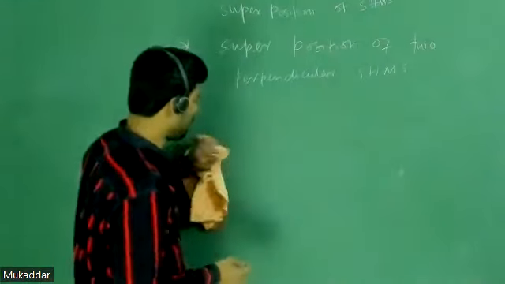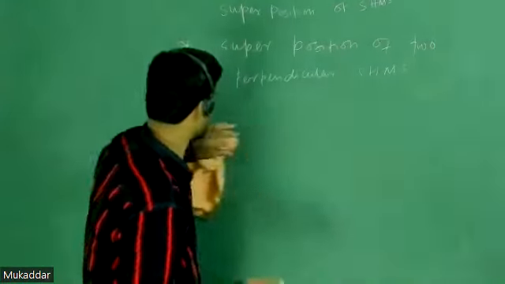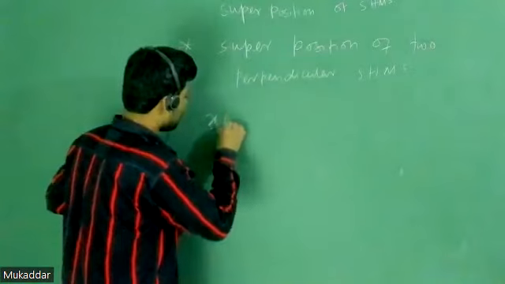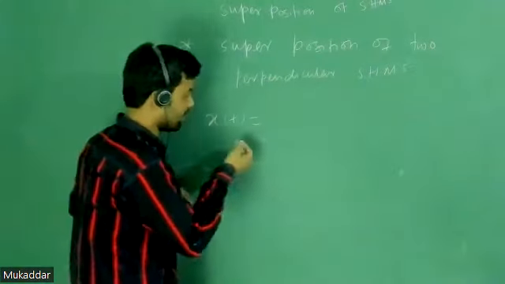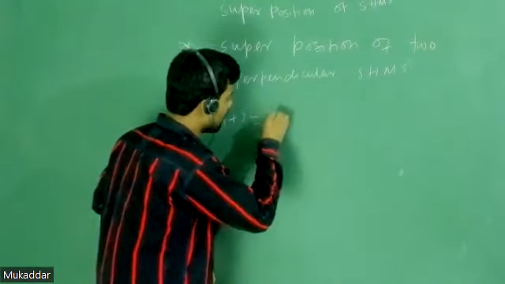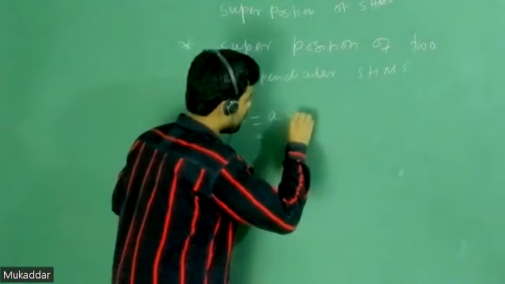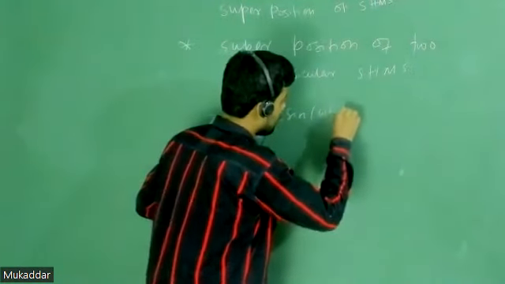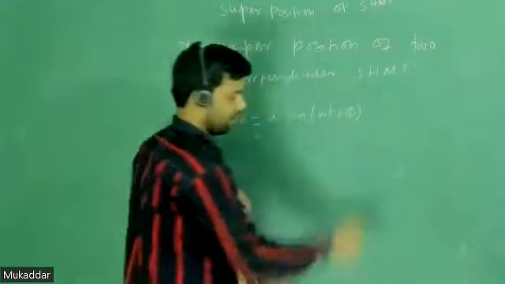So let us take two simple harmonic motions. One is x(t), along the x direction, oscillating with amplitude a: a sine of omega t plus initial phase phi.